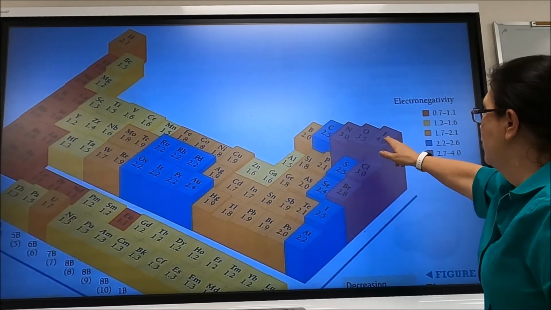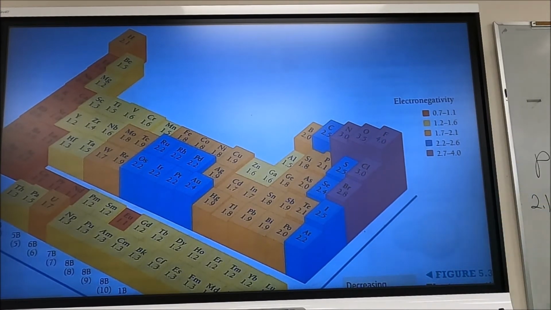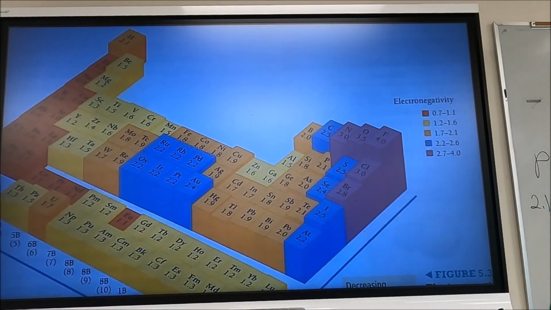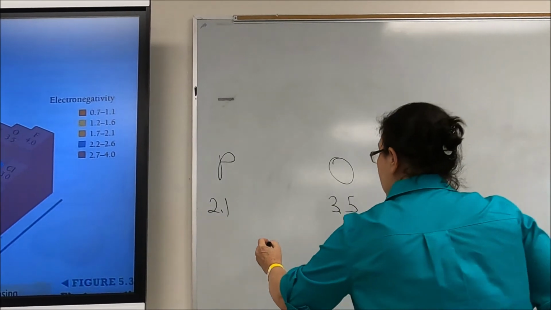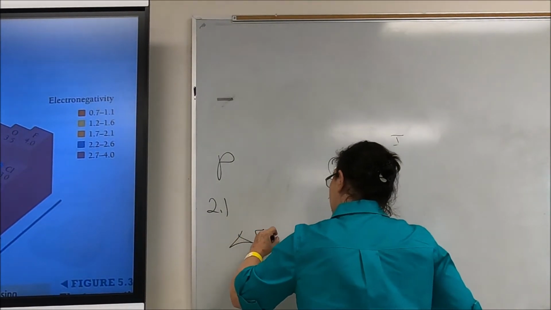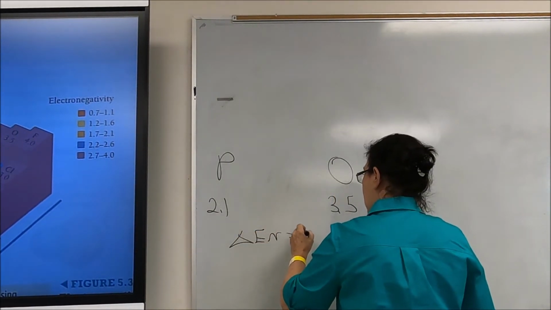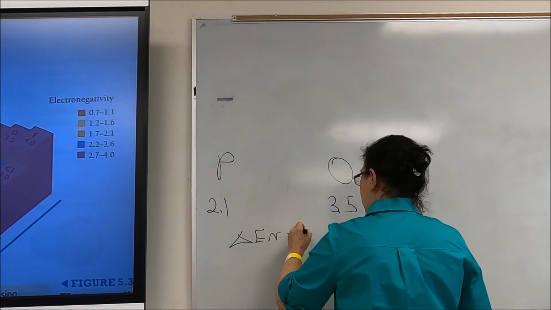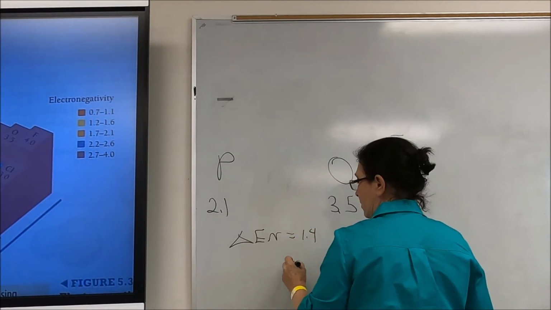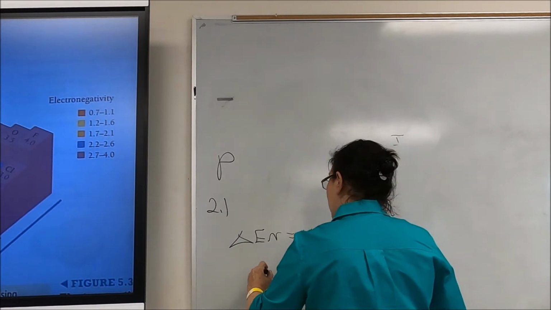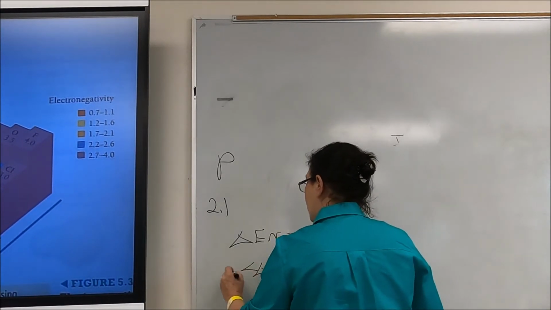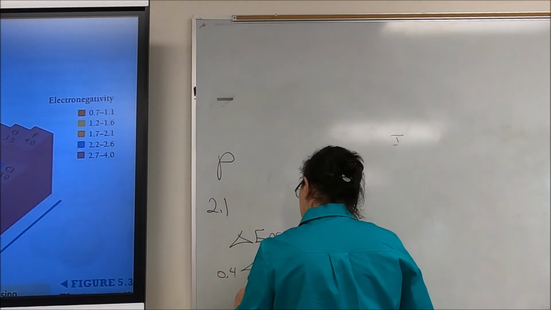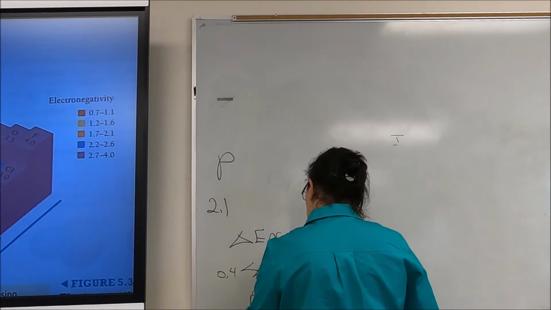We look at oxygen, it's the second most electronegative element on the periodic table, 3.5. Okay? So, if we get the difference in electronegativity, I would have, let's see, 1.4. Now, the difference in electronegativity here is less than 2, is greater than 0.4, so this is polar covalent.